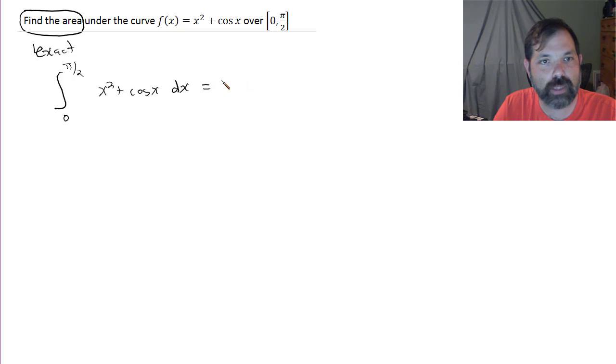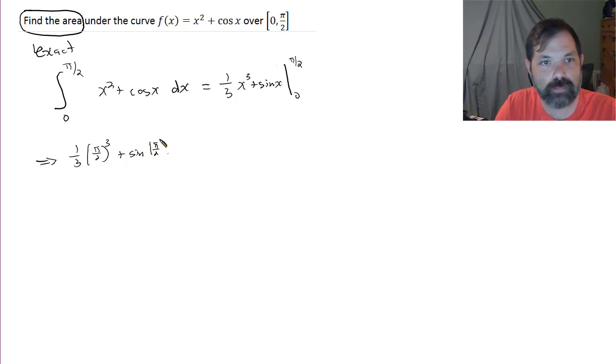So then we find the antiderivative, 1/3 x cubed plus sine x, from 0 to pi over 2. All right, so substituting pi over 2, I'd have 1/3 of pi over 2 cubed plus the sine of pi over 2, minus 1/3 of 0 cubed plus the sine of 0.